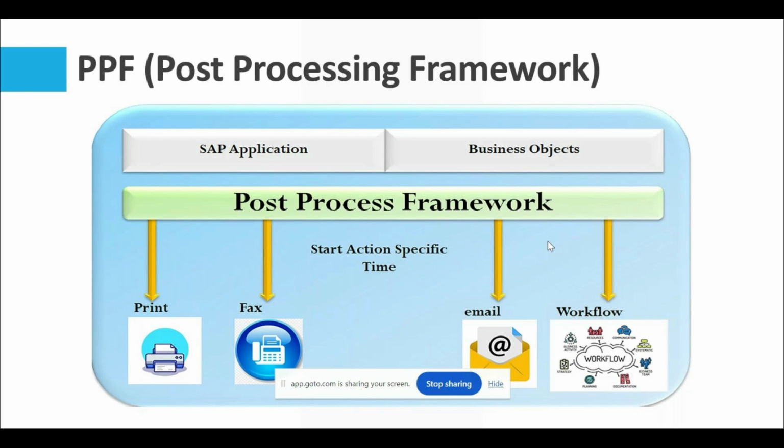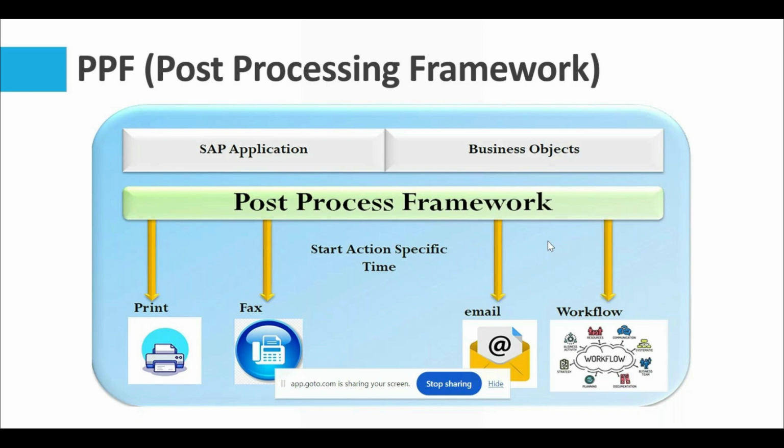If your action definition says that my PPF should be triggered while saving the document, then when SAP comes to that point, for example WT creation, it will act. In the PRDO transaction, we can have a process where SAP creates a WT. When SAP meets that WT creation point, it picks up all the action definitions related to WT creation and keeps them in the bucket.